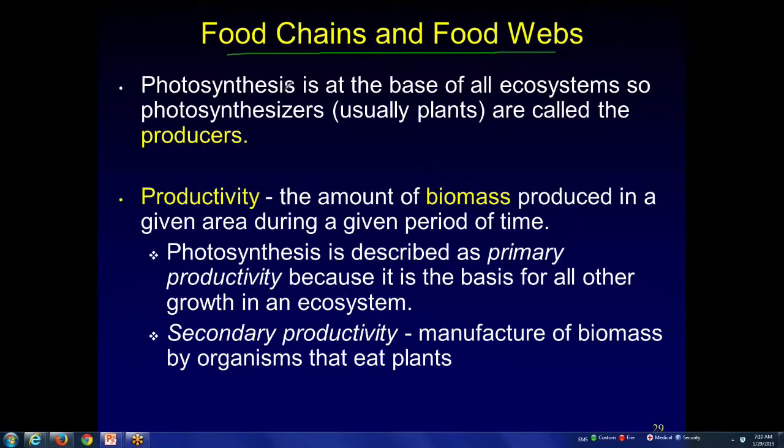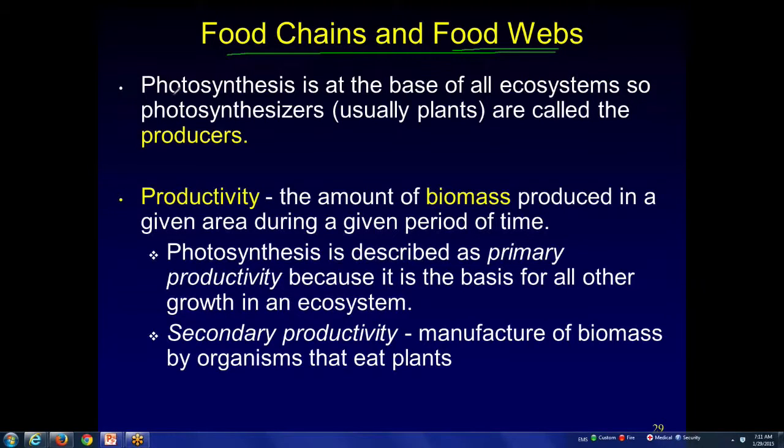So you go from a plant to the grasshopper, to the mouse, to the fox, etc. That's just one line, but in the real world, food webs are more accurate. Food webs show all the different prey items that the organism might be consuming, and also include a lot of the decomposition process. So food webs are more accurate than food chains.